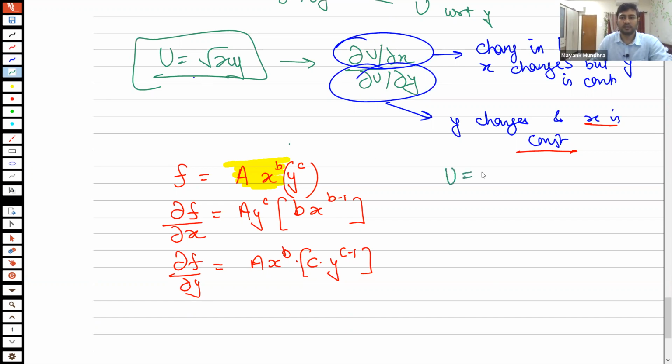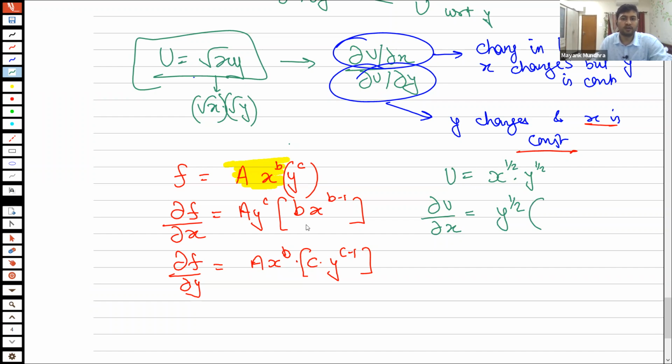So with that in mind, I want to differentiate this. I can write u as x to power half, y to power half, right? Because root xy is root x into root y, and for positive values, root x is nothing but x to power half, and root y is nothing but y to power half. Okay. So when I'm differentiating with respect to x, everything that is not related to x goes as constant. So y to power half remains constant into x to power half.